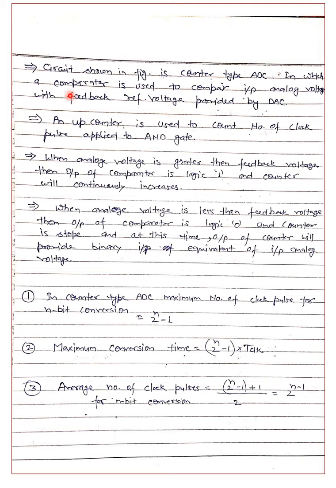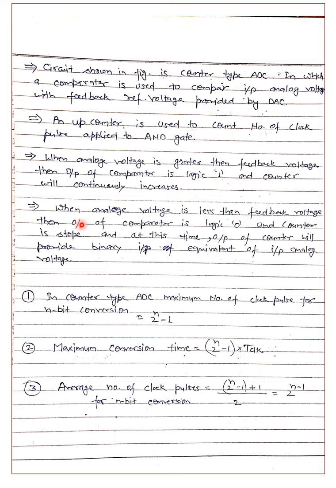So the circuit shown in the figure is a counter type ADC in which a comparator is used to compare the input analog voltage with the feedback reference voltage provided by the DAC. An up counter is used to count the number of clock pulses applied to the AND gate. When the analog voltage is greater than the feedback voltage, then the output of the comparator is logic 1 and the counter will continuously increase.